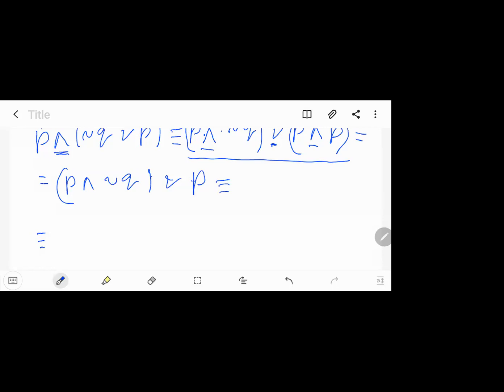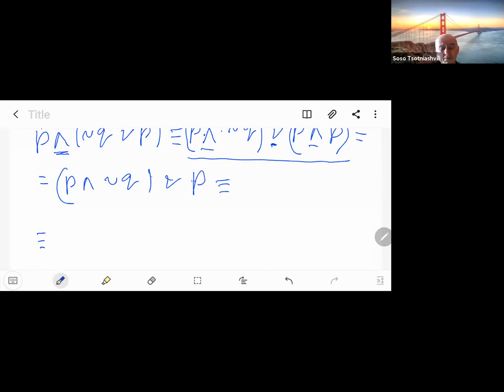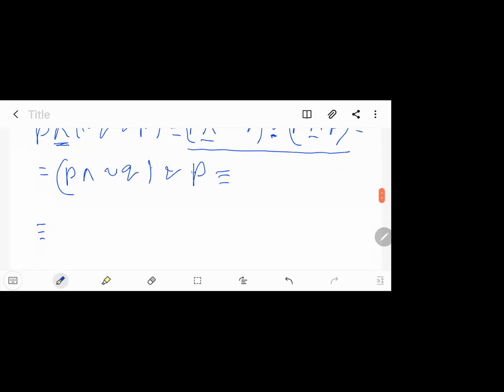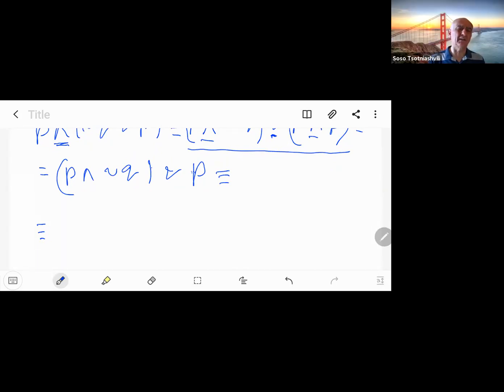Wouldn't not Q be the same as P? No, Lasha, it's different. P and Q are different propositional variables.